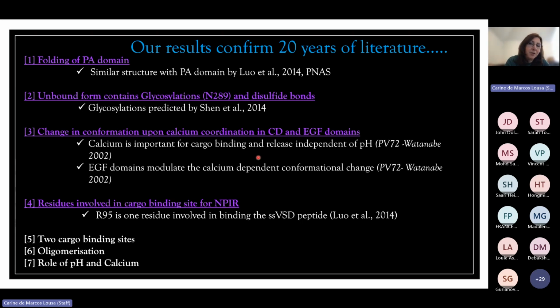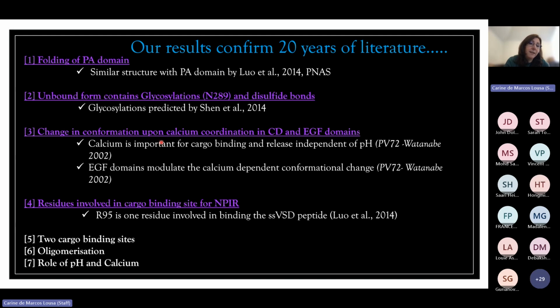But for the moment, I just want to summarize the results that confirm 20 years of literature, because we have got the 2 structures of the unbound receptor and bound receptor. The PA domain that we found in the structure was exactly the same as the one found by Liu et al. when they expressed it in bacteria. We also found the glycosylations predicted by Shen, exactly at the sites that they predicted.